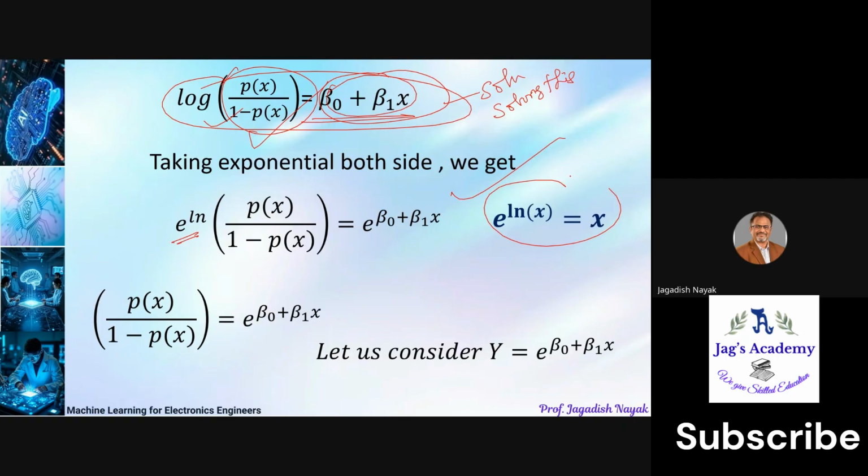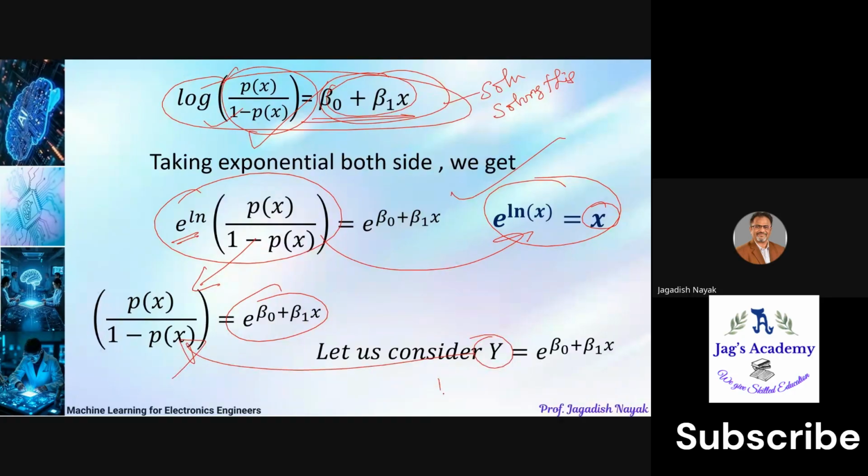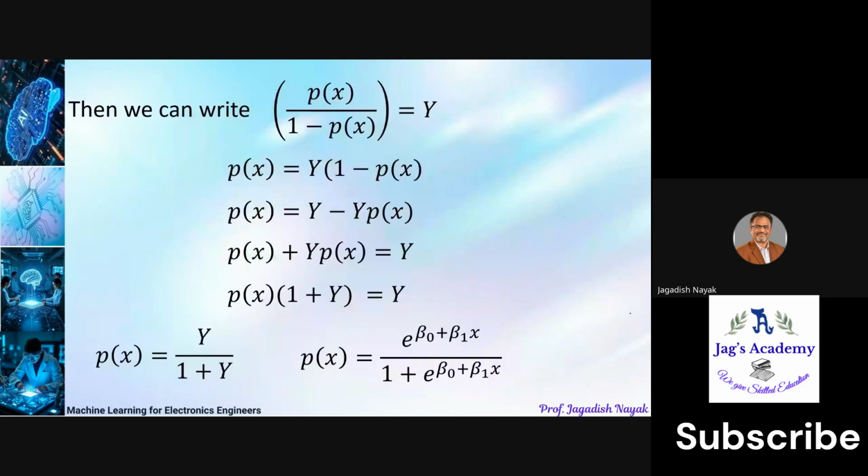Exponential of ln of x is equal to x only. So this will be e to the power of beta naught plus beta 1 x. Let us consider this as y, just for simplification. So y is equal to e to the power of beta naught plus beta 1 into x.